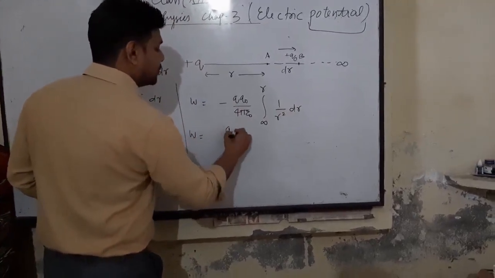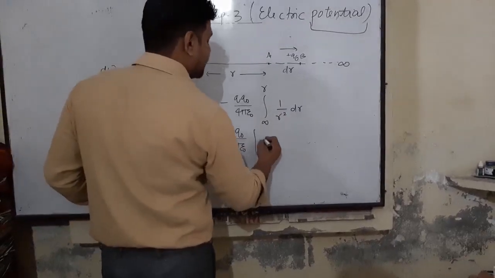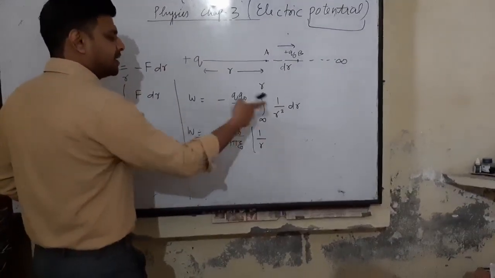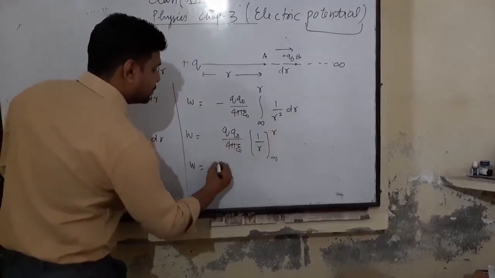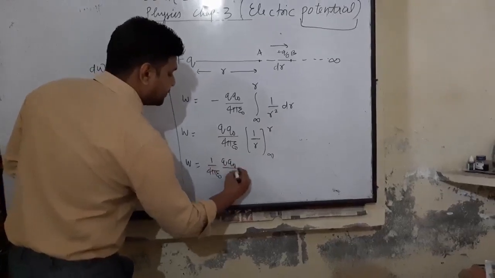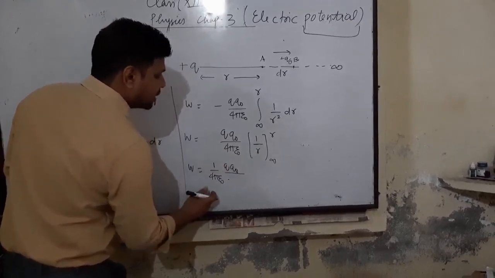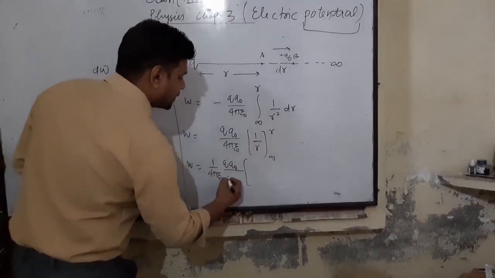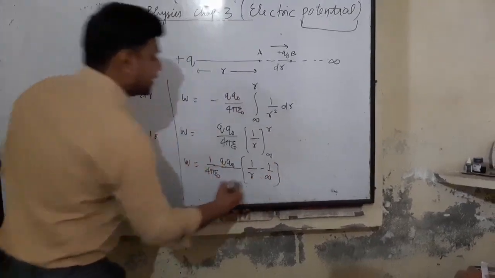Now integrate 1 over r square, it becomes minus 1 over r, and this is already a minus, so plus, from infinity to r. So W is equal to 1 over 4 pi epsilon naught Q Q naught, after putting the limits, 1 over r minus 1 over infinity.